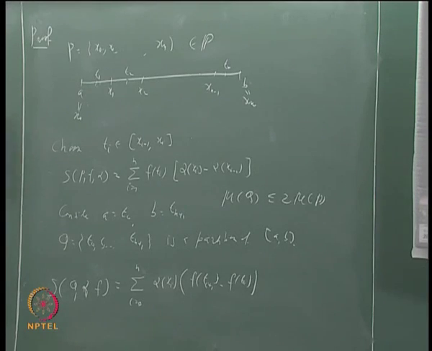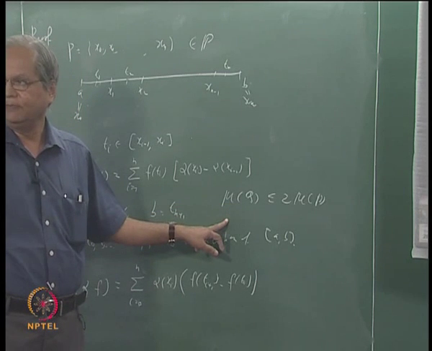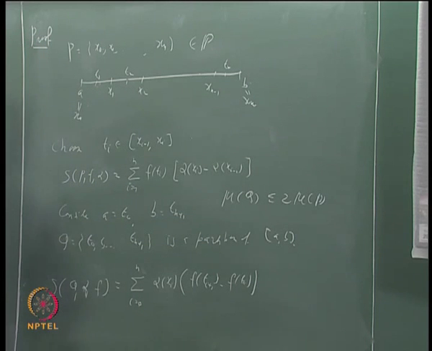So all that we need is this: whenever the mesh of P goes to 0, the mesh of Q also goes to 0.